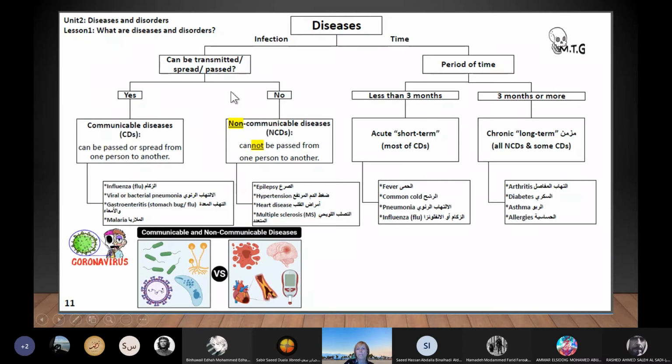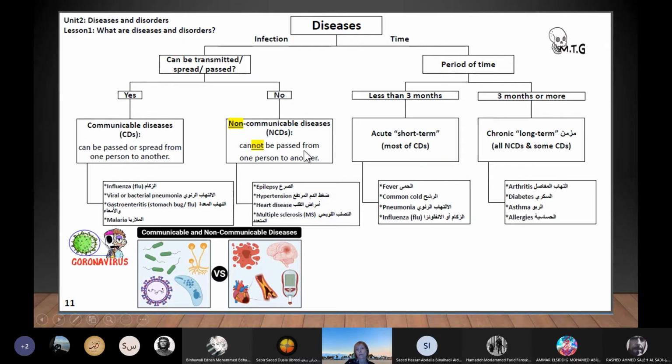Here is just an overview of the disease unit. We talked about whether something can be spread or not. If a disease can be spread, we know that it's communicable. If it's a disease that is not spreadable, or infectious, then it's non-communicable.